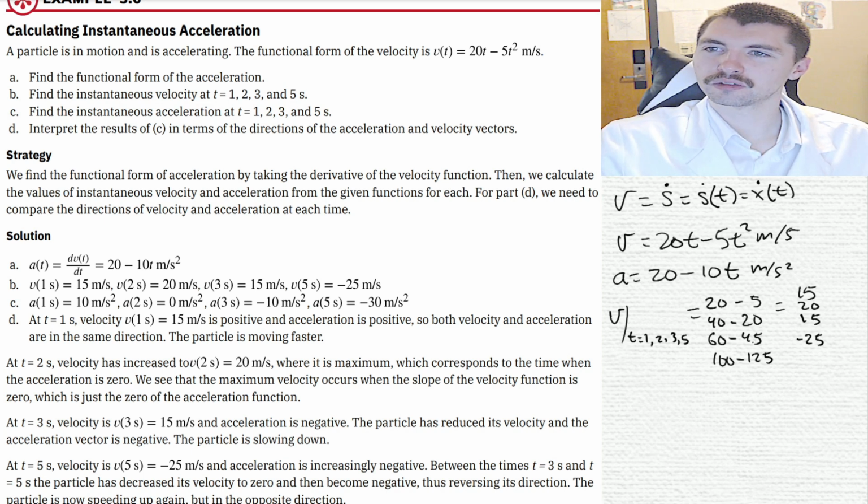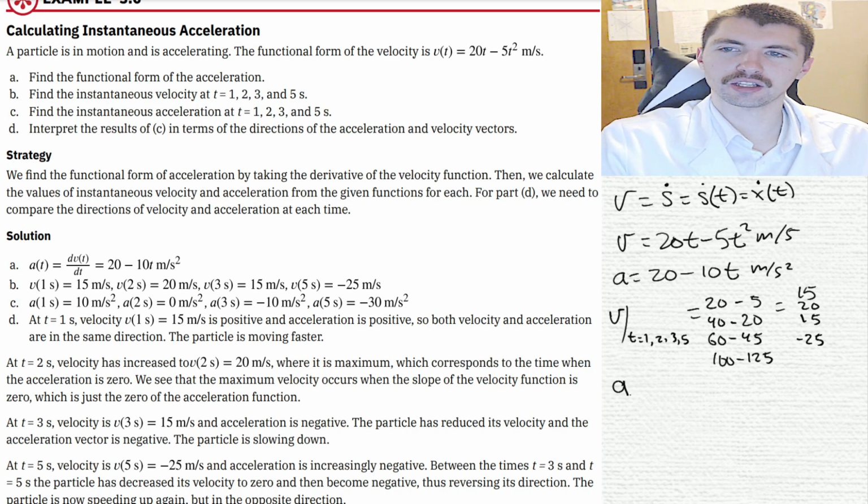Is this one right? 3 squared is 9, 9 times 5 is 45, 60. Okay, is this one right? 40 minus 2 squared, 4 times 5 is 20. Okay, I guess these are all correct.